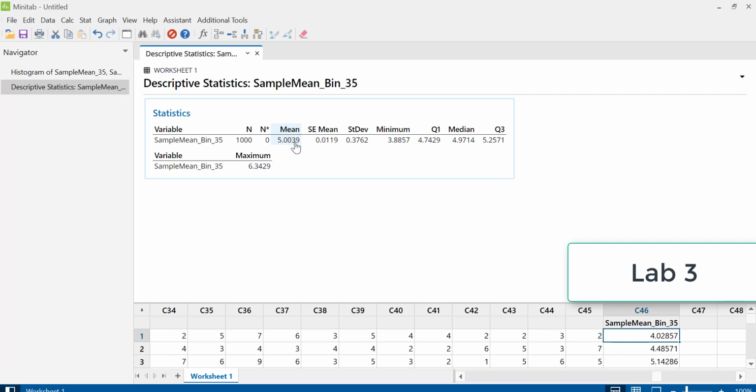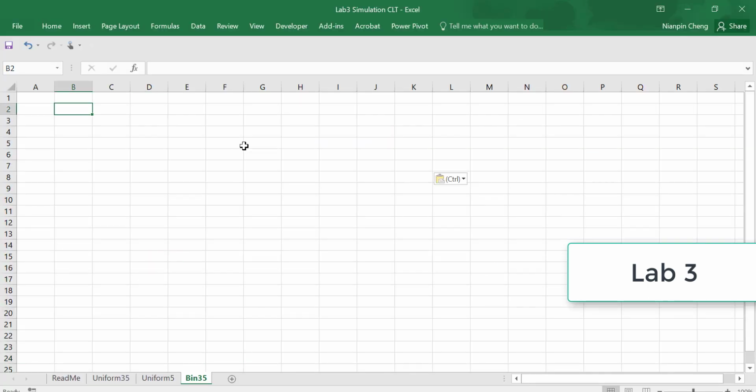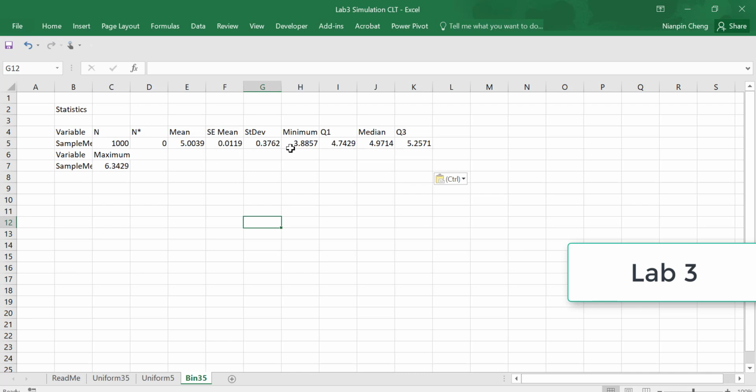That's equal to 5, that's correct. And then the standard deviation. So we can calculate the standard deviation. We bring this back to Excel. So we generated the 1,000 rows, and this is the mean and standard deviation.